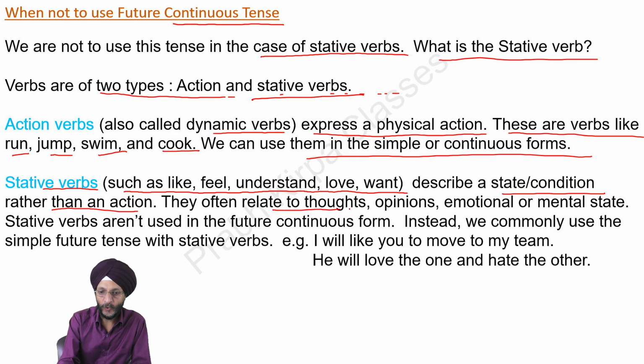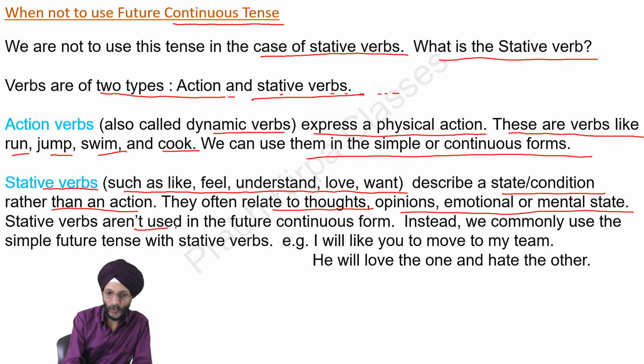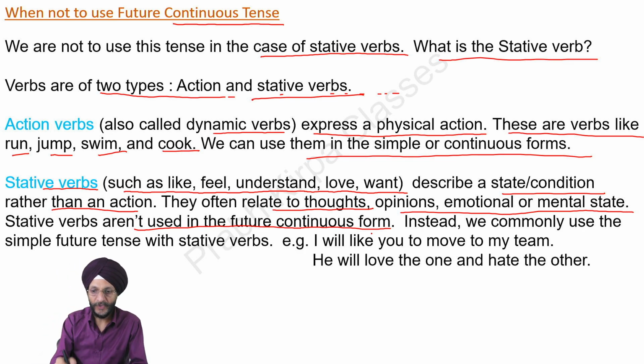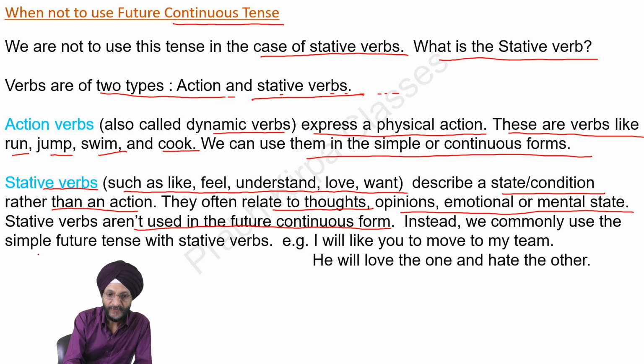They often relate to thoughts, opinions, emotions, or mental state. These verbs are not used in future continuous form. That is, stative verbs are not to be used in continuous form. These are to be used commonly in simple future tense.